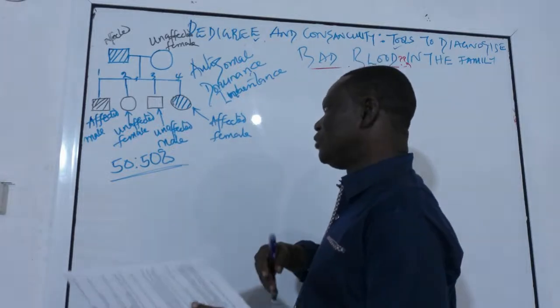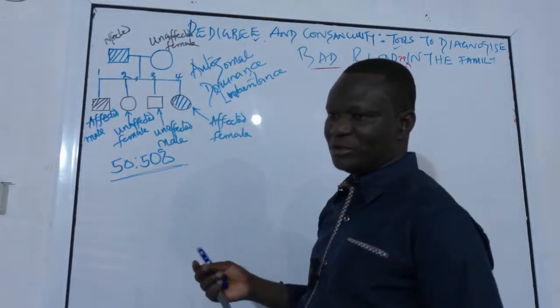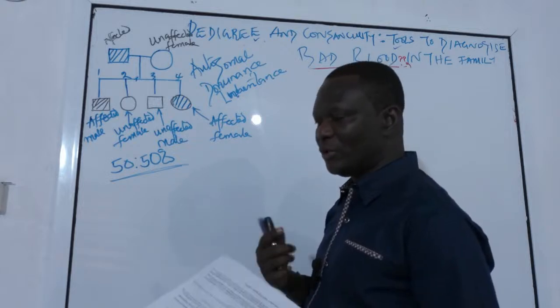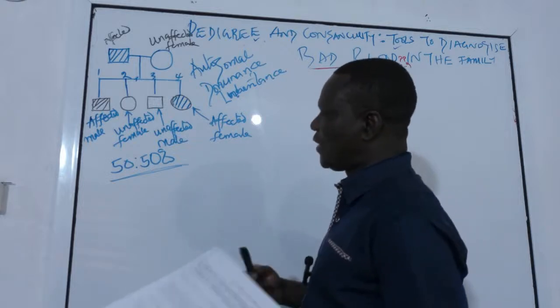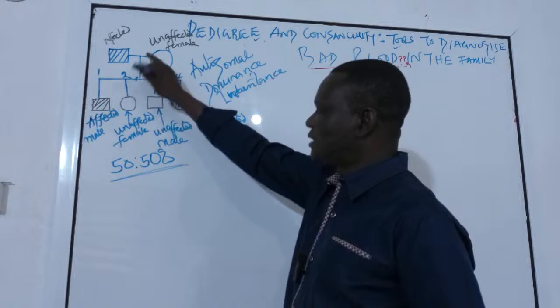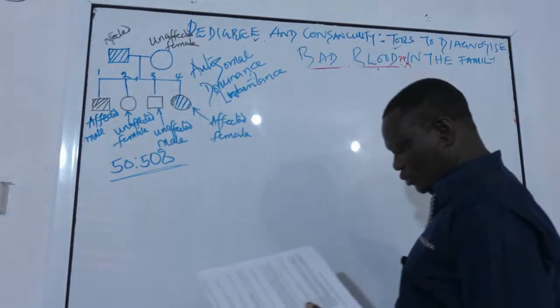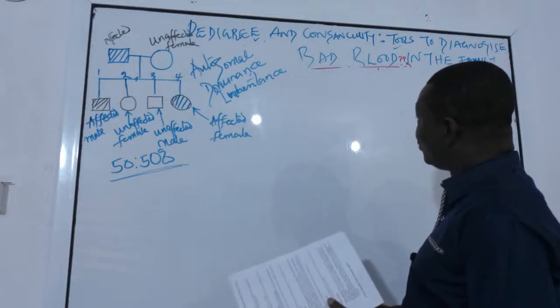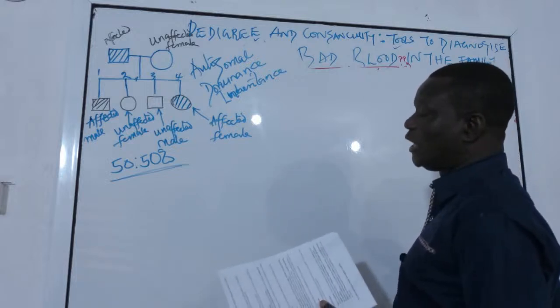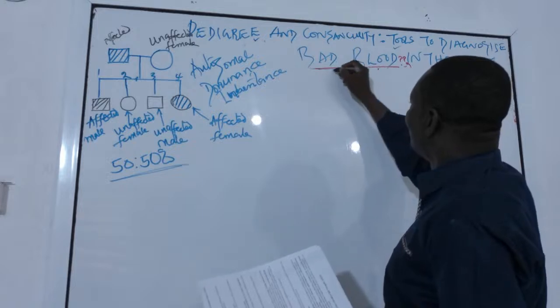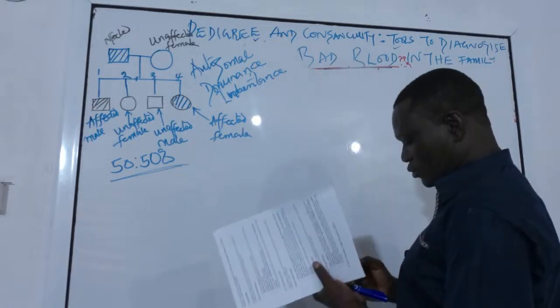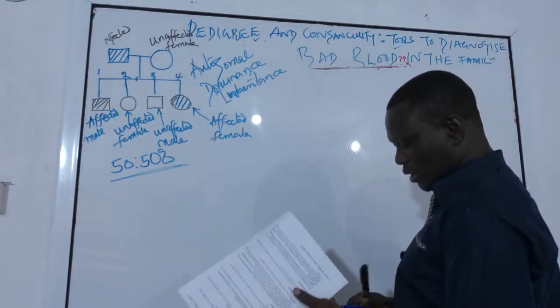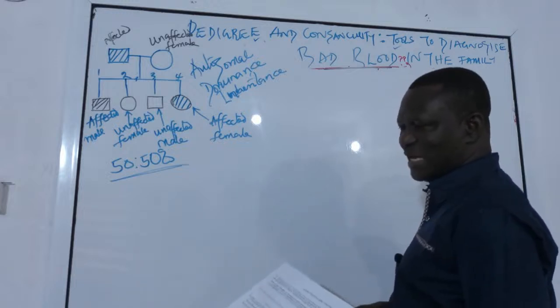You can ask, did you notice this kind of condition in your mother or in your father? The pattern of inheritance applies generally, but it is only diseases that we talk about diagnosing.